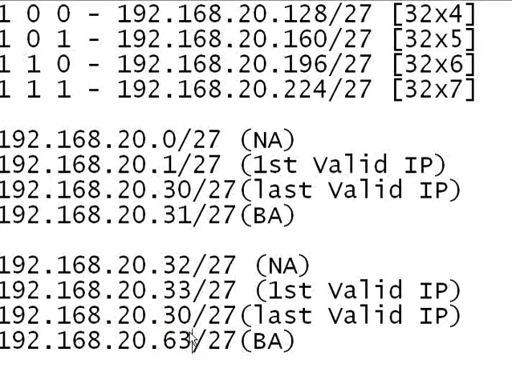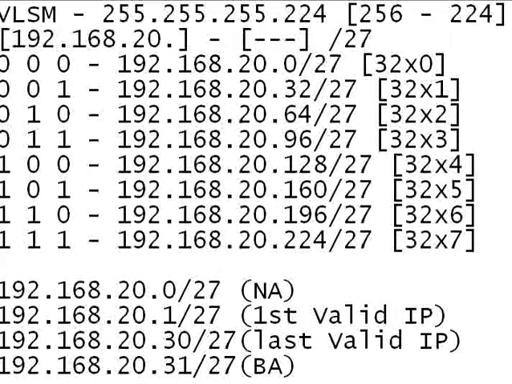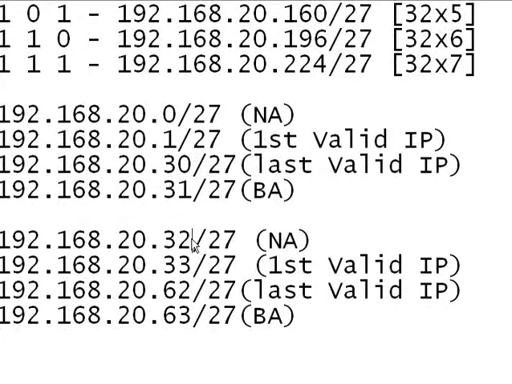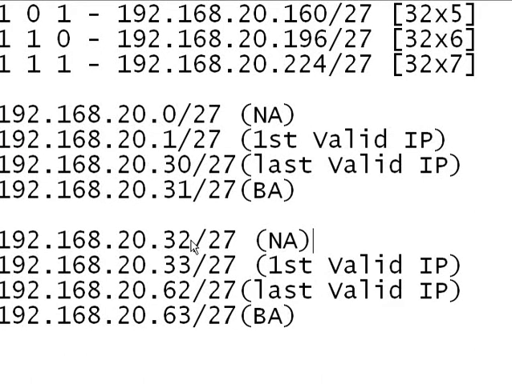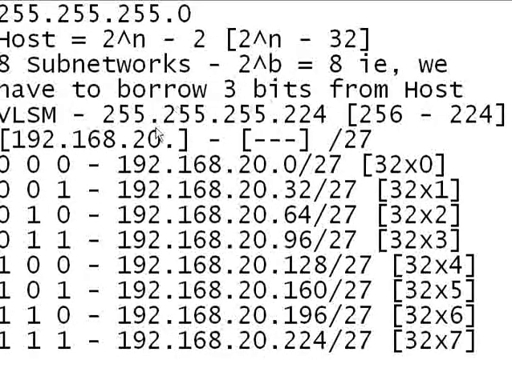This is the first subnet, this is the second subnet, this is 32, and /27 means all will have this particular subnet mask, VLSM. This will be your VLSM. So this is the specification of the first subnetwork, and the specification of the second subnetwork.